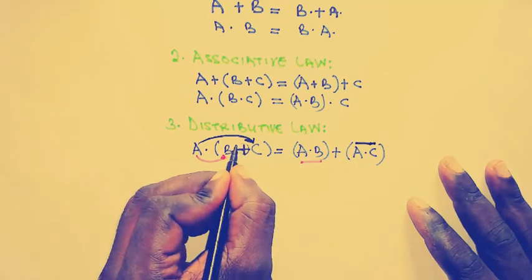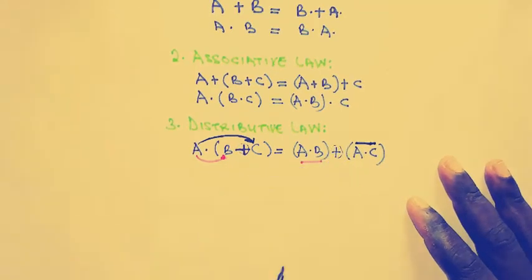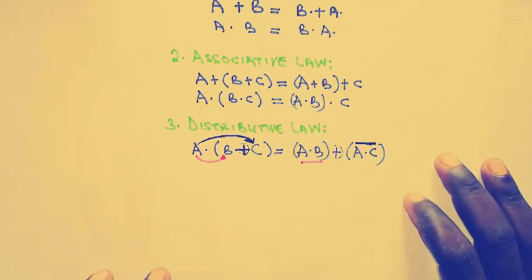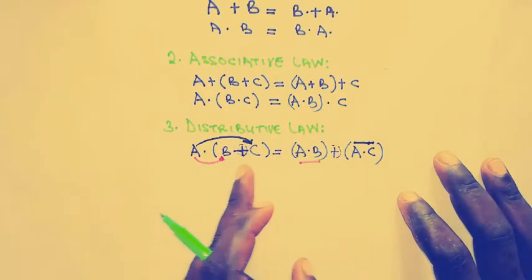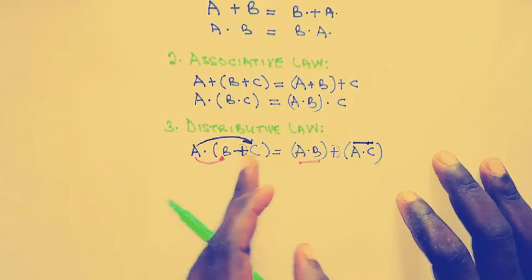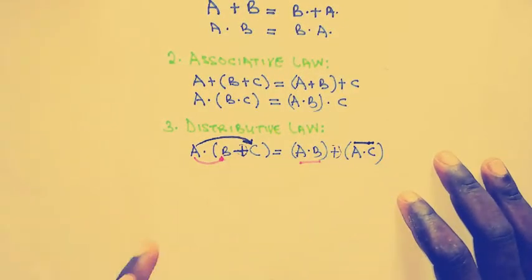And of course the operation between the two is what we are going to have, and that is what we call the distributive law. The same thing applies to any elements that find themselves in this kind of operation.